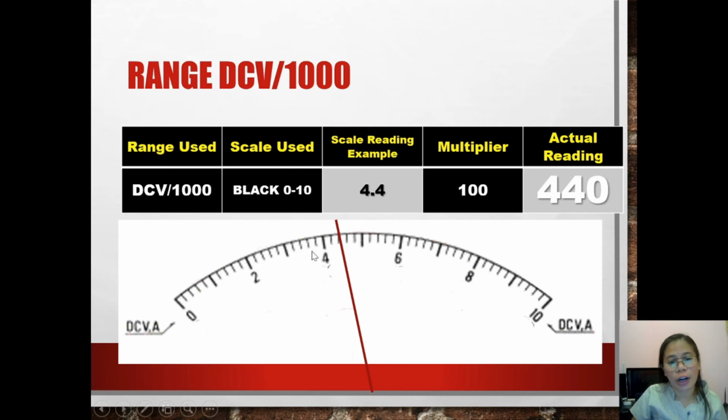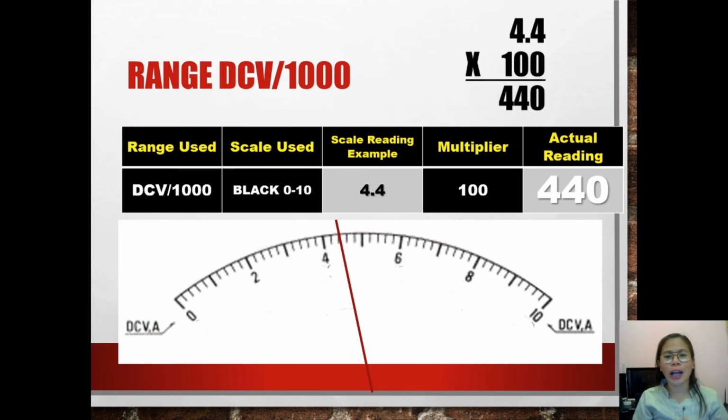That is why we have that scale reading example of 4.4. Because 4, 4.2, and 4.4. But the difference from the other ranges, the multiplier for the DCV 1000 or the range of 1000 is 100.